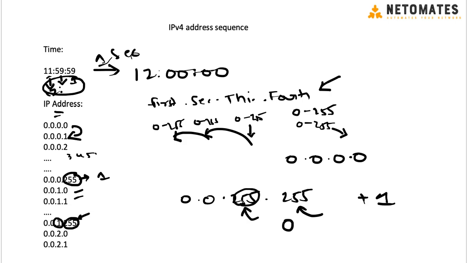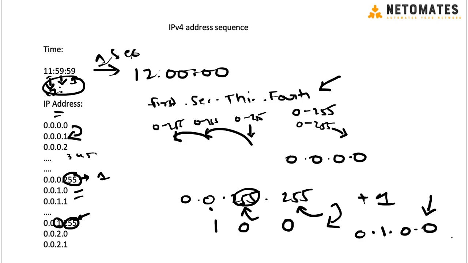Because that is also full, it will become 0, and you add it here. So after 0.0.255.255, the next address is 0.1.0.0. Like this, it will go all the way to 255.255.255.255.